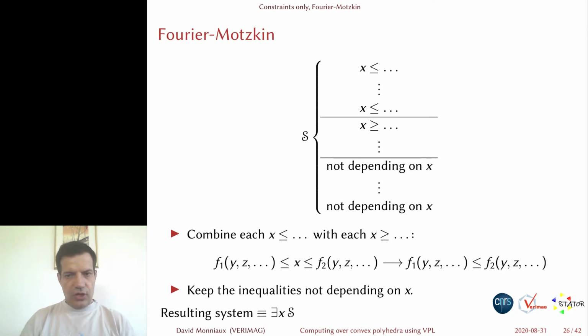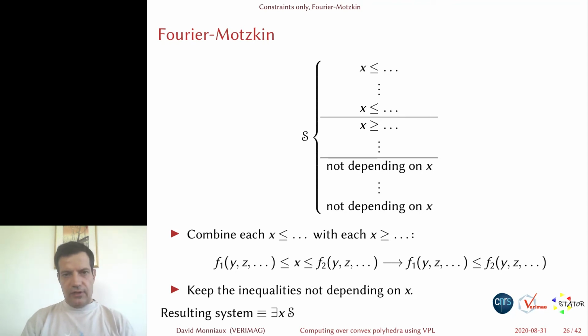Then you keep the ones that do not mention x, and you combine each inequality mentioning x positively with each inequality mentioning x negatively, so you get another inequality that does not mention x by taking the sum of these two inequalities. And you can show that the resulting system of inequalities is equivalent to there exists x, the original system. So you have actually computed a system of inequalities expressing the projection of the convex polyhedron along variable x.